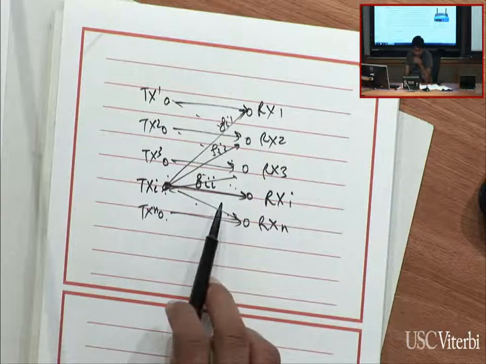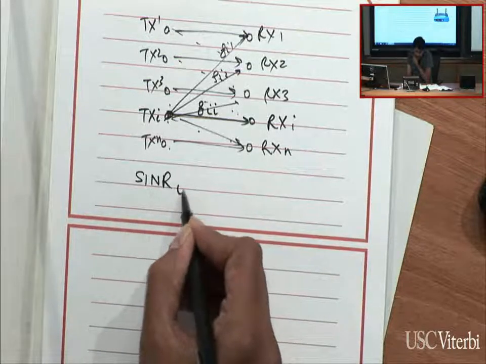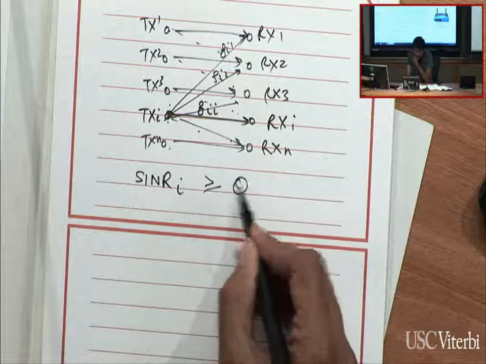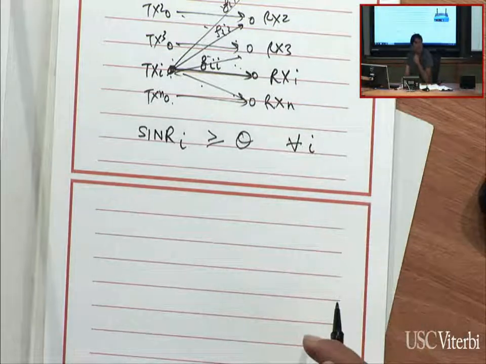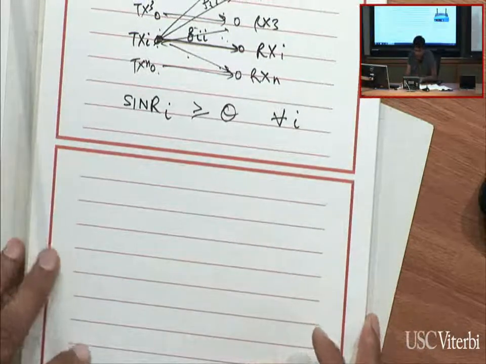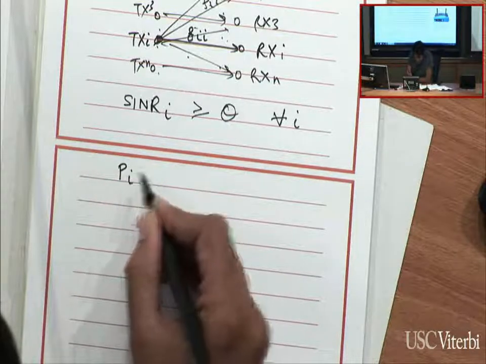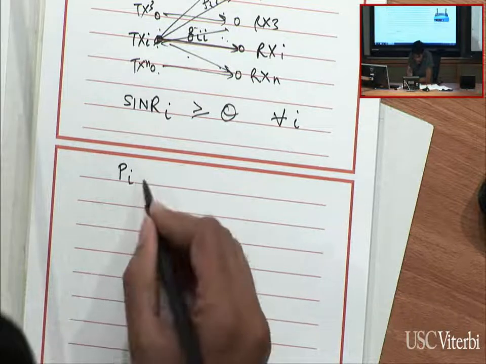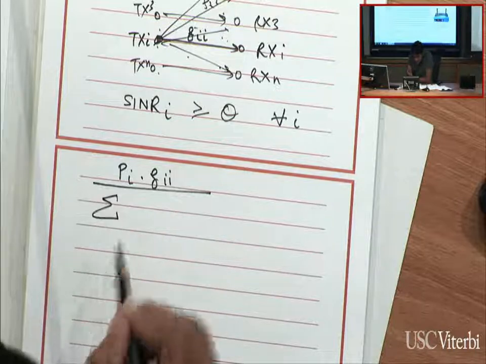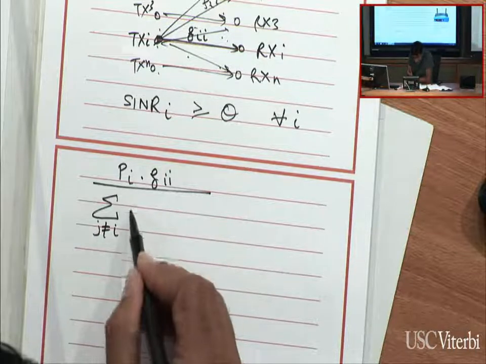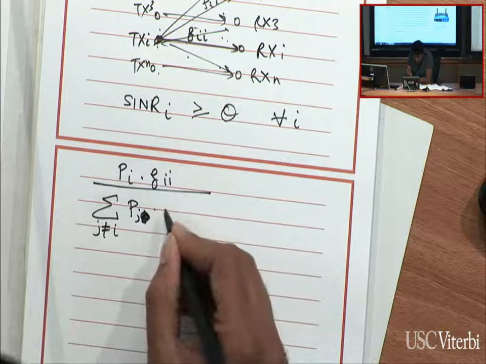In this setting, just like before, we write down all of the conditions where we want the SINR for the ith receiver to be bigger than the desired threshold, and we want this to hold for all the i's. So the equation for the ith one would look like PI, the power for the ith transmitter, times GII, the gain for that link, divided by the sum over all j not equal to i of PJ times GJI.